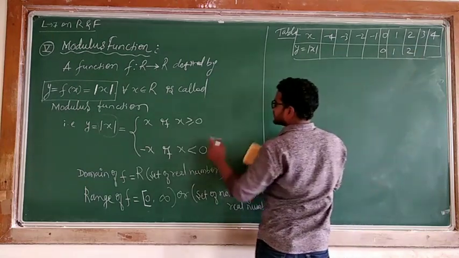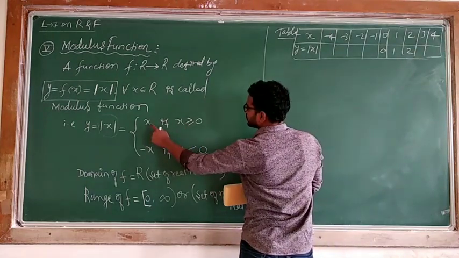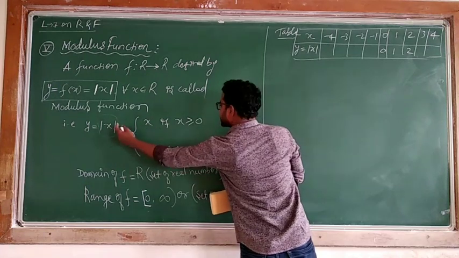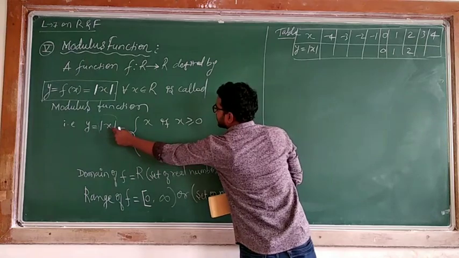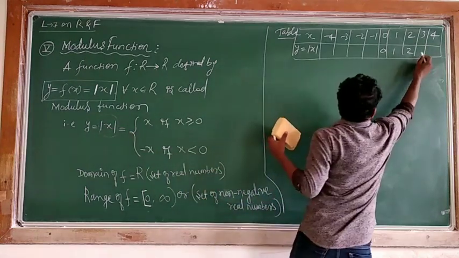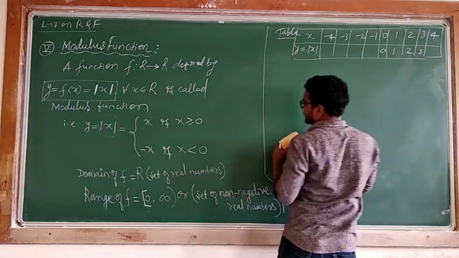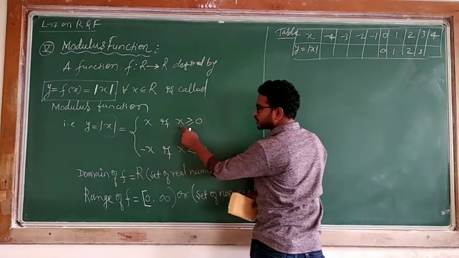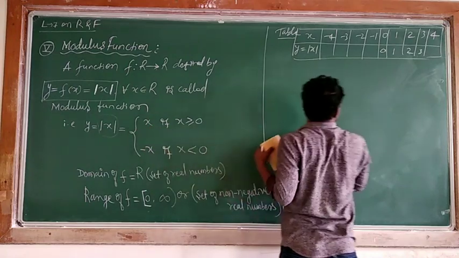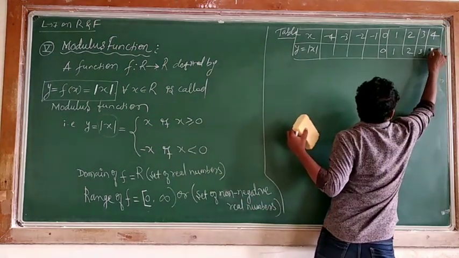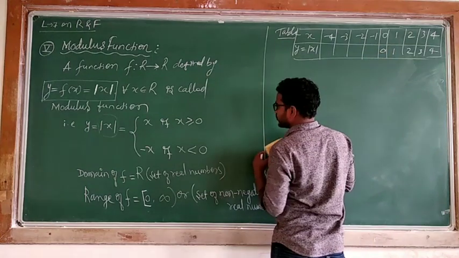X is 3, more than 0, modulus of 3 is 3, and y will get 3 only. X is 4, more than 0, y will get 4 only. Now minus 1, where will you get minus 1?